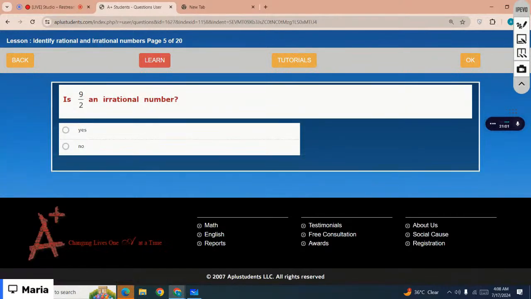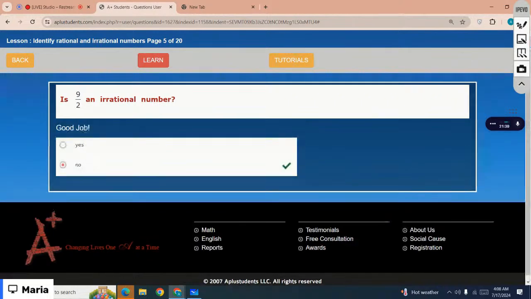Is 9 by 2 an irrational number? The correct option is no because 9 by 2 is a rational number.